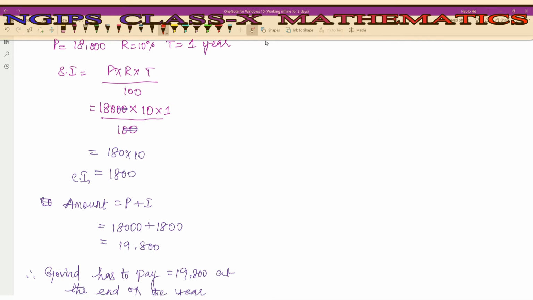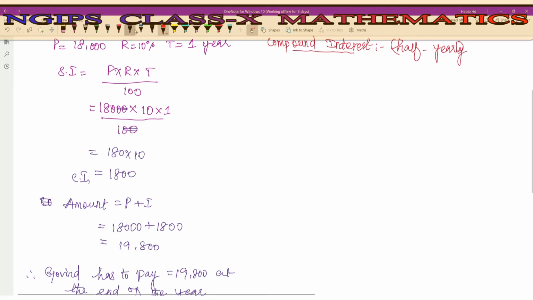Now here compound interest. In this usually you will take number of years as 1, but here they have mentioned compounded half yearly. So half yearly means we need to take the number of years is equal to 1 by 2.